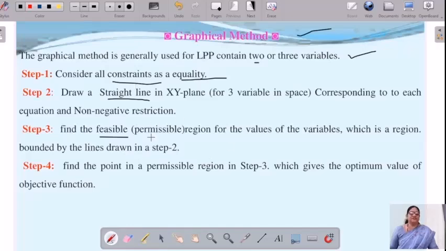According to our constraints, we find the feasible region and look at the region's extreme points, and that point in the permissible region will give us the optimum value or solution of the given linear programming problem. Let's move to the problem.